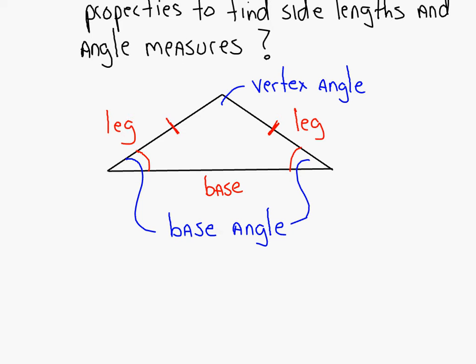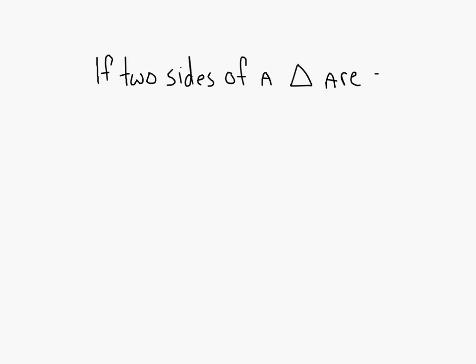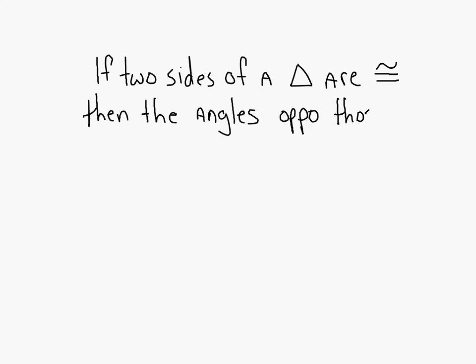That's the isosceles triangle theorem: if two sides of a triangle are congruent, then the angles opposite those sides are congruent.